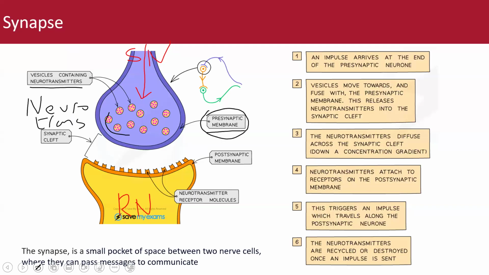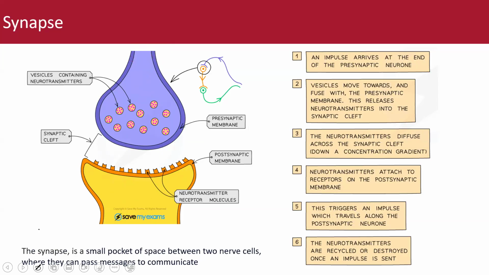Okay, presynaptic meaning before synapse. The neurotransmitter diffuses across the synaptic cleft. Okay, so synaptic cleft is the gap in the middle. And then there are receptors here. These teeth looking things are the receptors. If it is detected, the impulse then carries on down the relay neuron. Okay, so that's quite a complicated one.